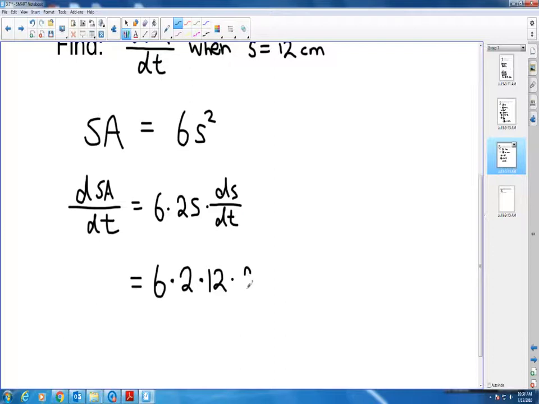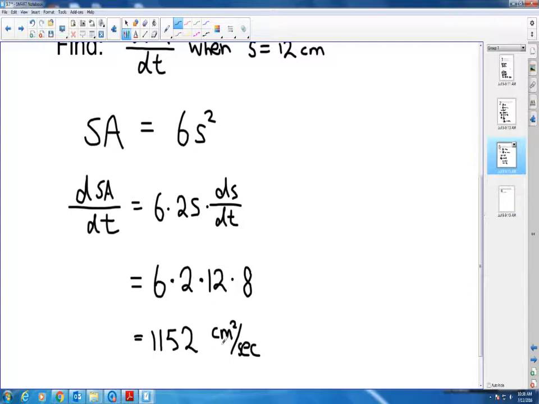So ds dt is 8. So that will tell me my answer is 1152 square centimeters per second. Alright. That's how fast it's changing when each edge is 12 centimeters.